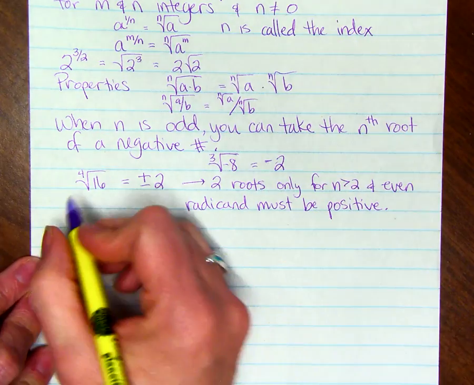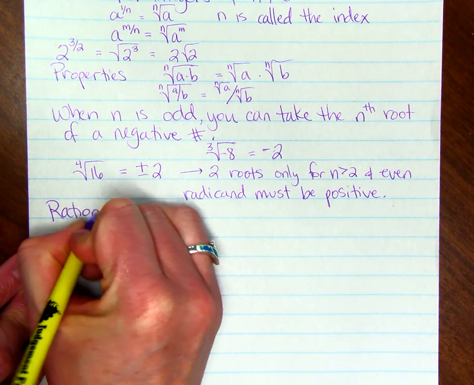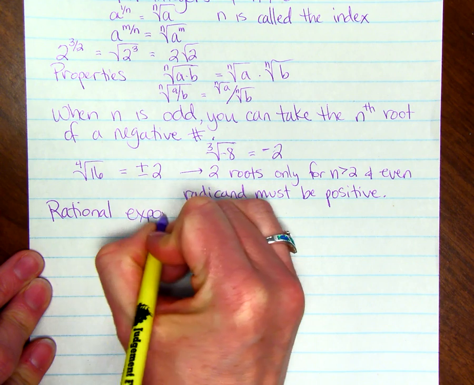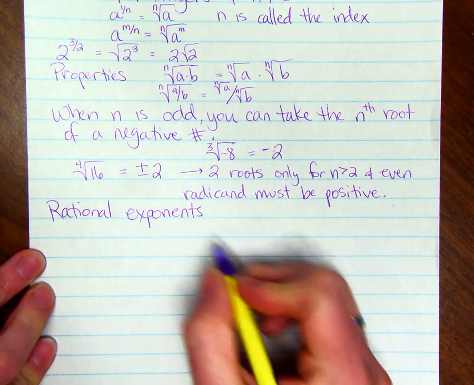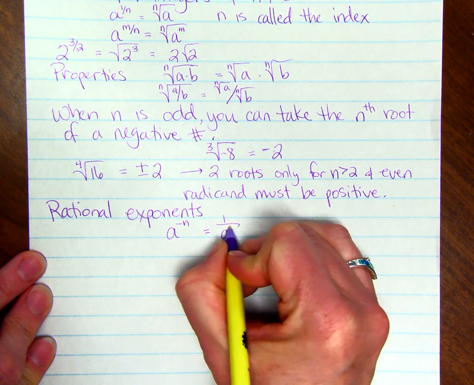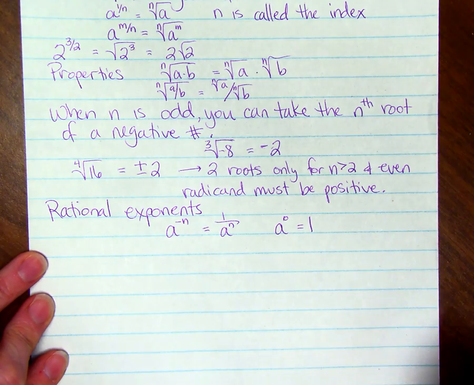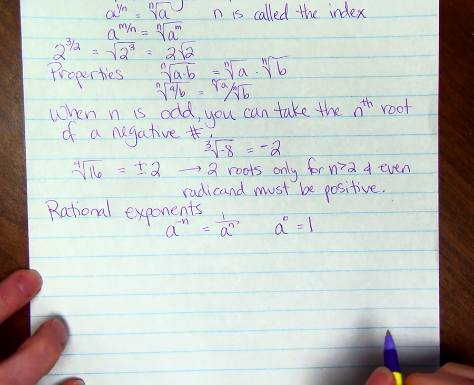So for rational exponents, a to the negative n equals 1 over a to the n. A to the 0 always equals 1 no matter what a is.